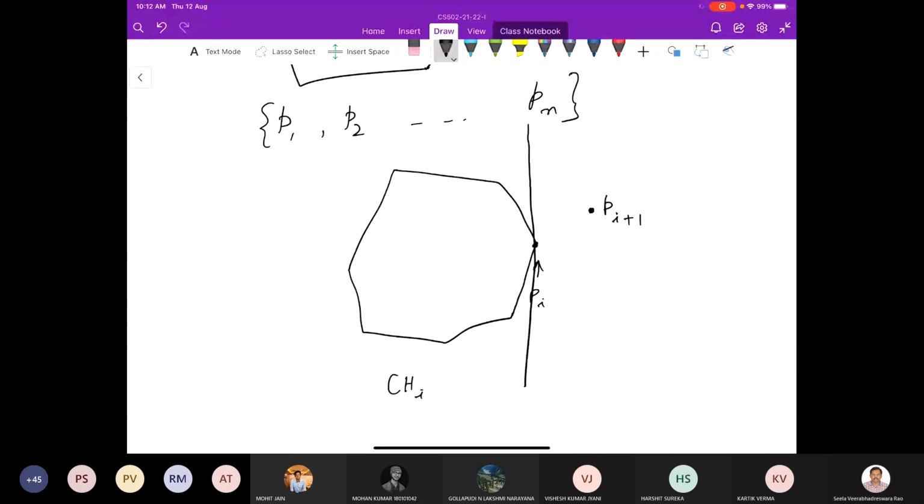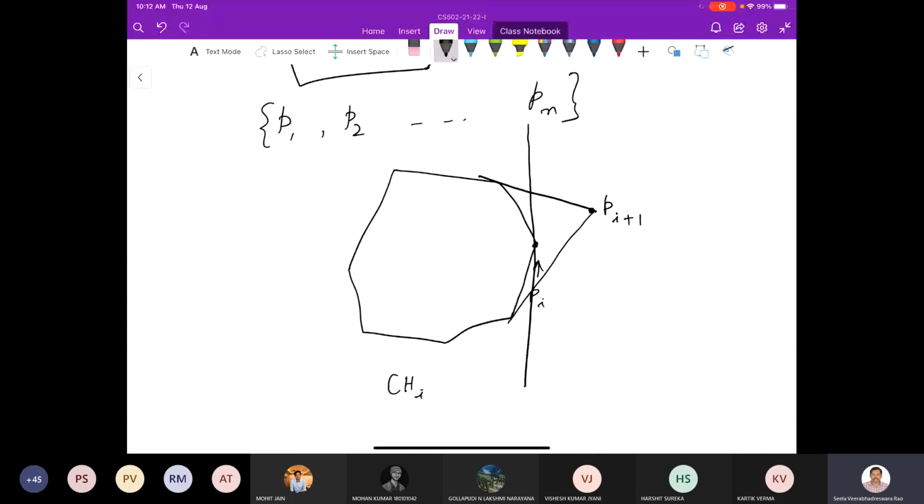Now, if it is outside, we have to find its tangents. How much time does it take? It takes linear time only.